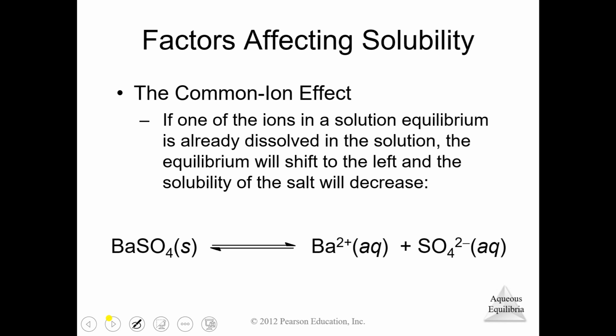If there's already some of the anion or the cation, a common ion, already in solution, then that's going to decrease the solubility. If I already have some of this in solution and I add more to it, increasing these, that's going to cause a shift back to the left and decrease the solubility of the solid. Remember Le Chatelier, shifts.